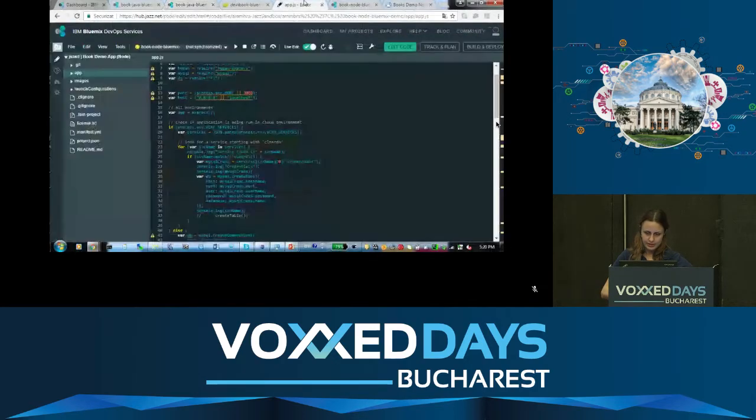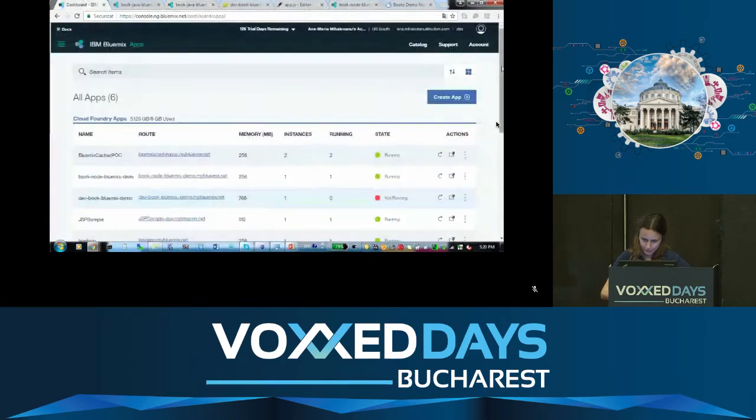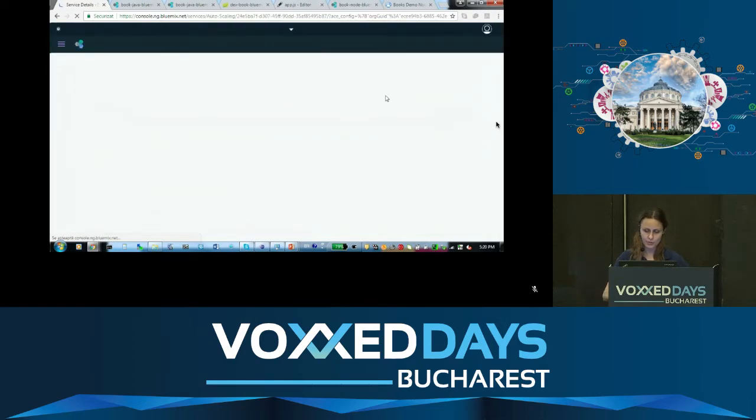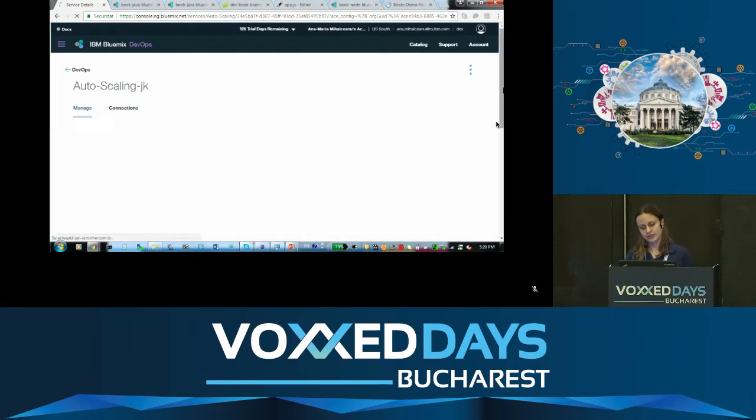Okay, so just showing you my auto-scaling. For my applications, I have performed auto-scaling because I wanted to add more instances in case of more users, and because I was a little bit cheap and I didn't want to use a lot of memory.